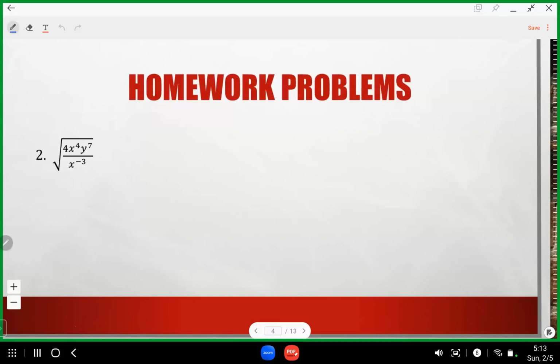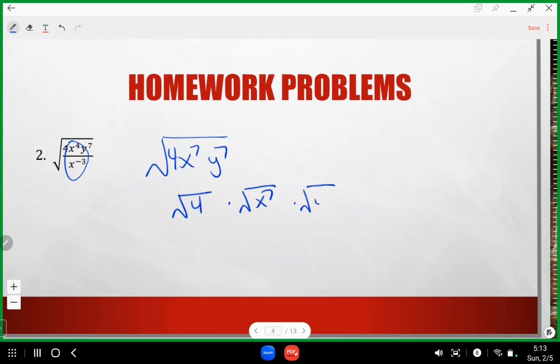So, let's see here. It's a radical, and you can just simplify this real quick. All that is inside the parentheses is just going to be 4 times x to the 7th, y to the 7th, right? Because you simplify the x's, and then since it's a square root, you can separate these like so.